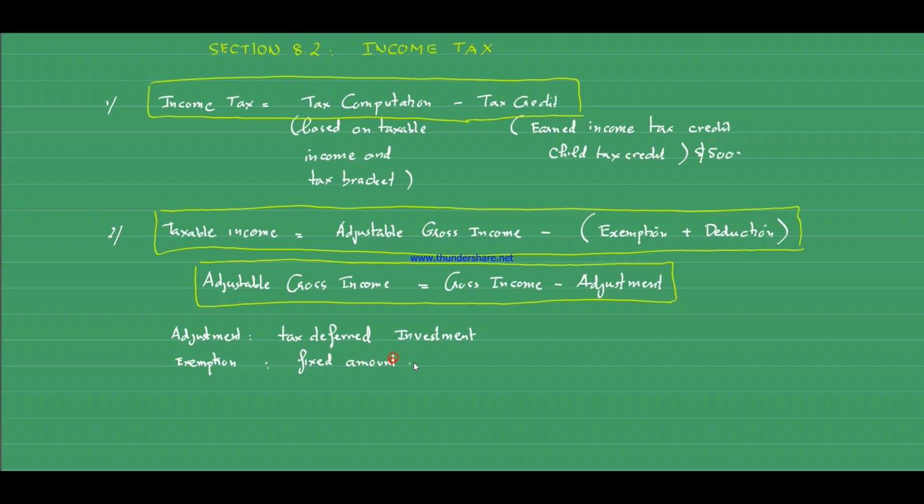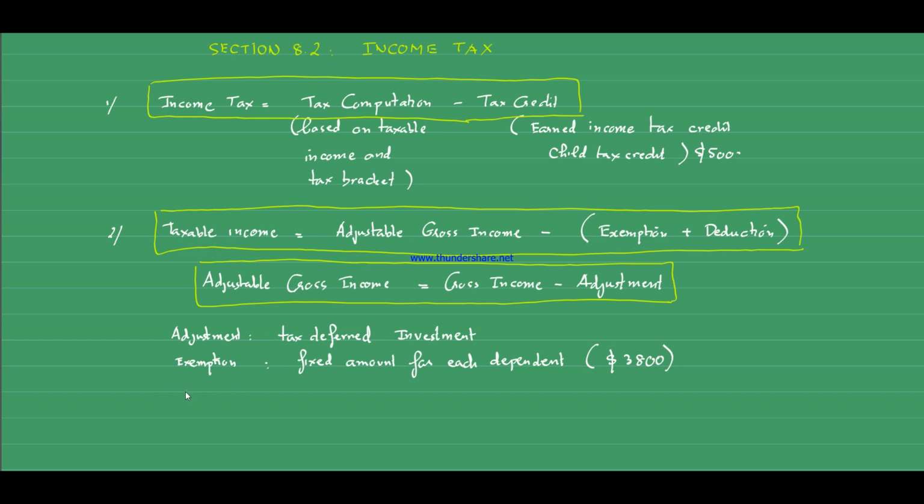If you have someone you claim as a dependent, then that's what they give you. And usually it is 3,800.